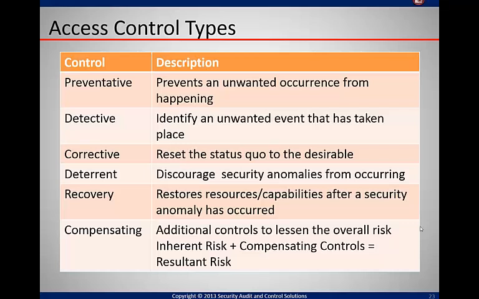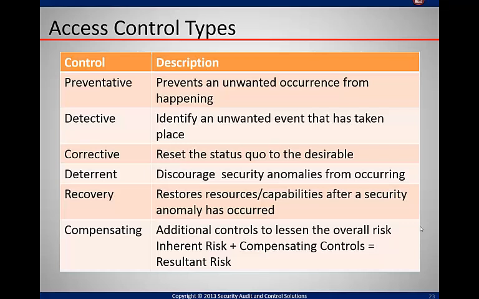There are some access control types. We've got preventative controls. These prevent an unwanted occurrence from happening. We have detective controls, used when an unwanted event has been identified as taking place. Corrective controls reset the status quo to the desirable state, or to the previous working instance. We have deterrent controls, which discourage security anomalies from occurring.